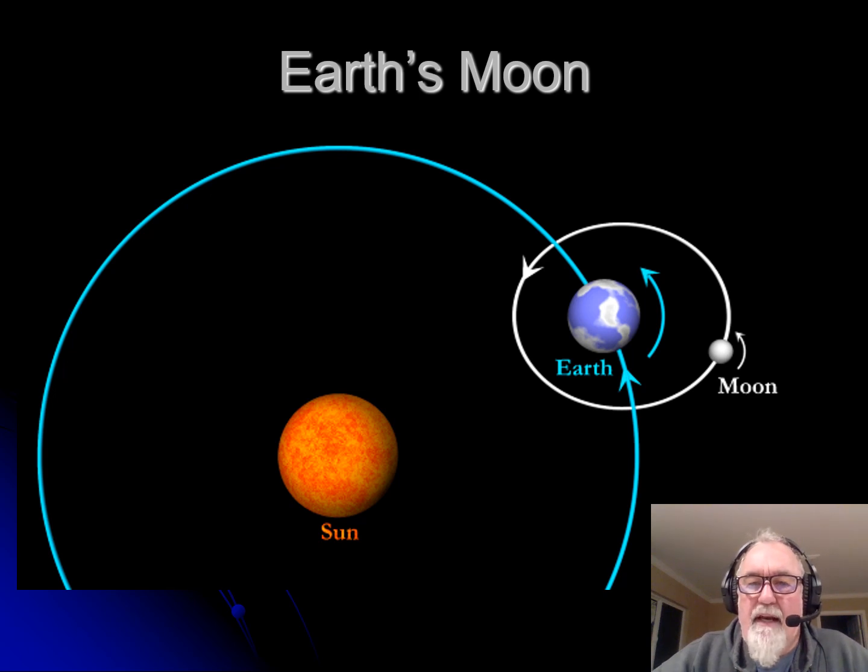It takes 29 and a half days for the moon to go around the Earth. So we get a full moon every 29 and a half days, and that's when the moon is on the opposite side of the Earth from the sun. So sun, Earth, the moon is over here. We would get a full moon because the reflection of the moon would shine back to us and we'd see a full moon.